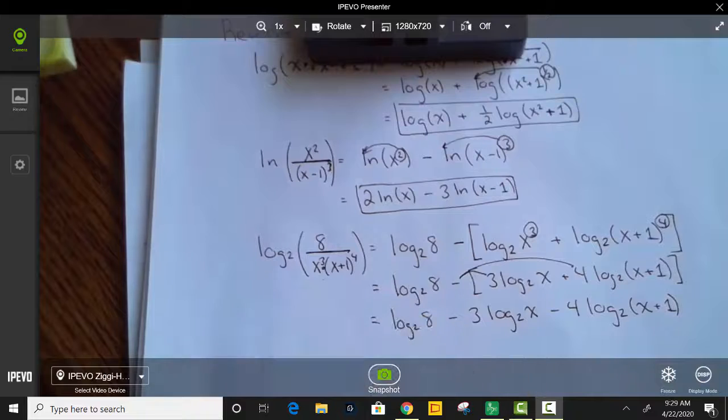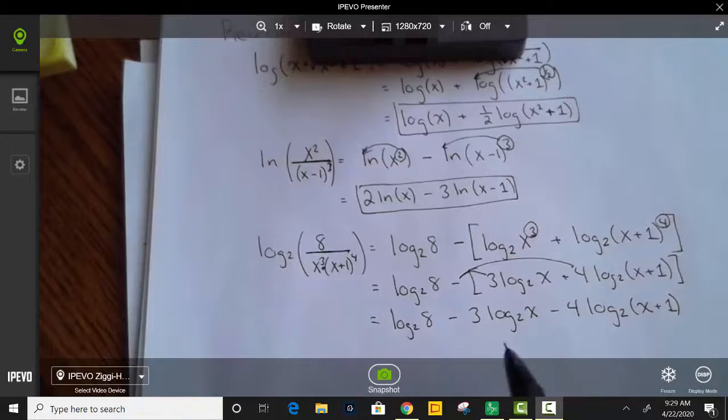So since we're dividing by the x cubed and the x plus 1 to the fourth, the subtraction sign can be distributed to both. And you could have actually done that in the very first step, rather than introducing the brackets and distributing later on.